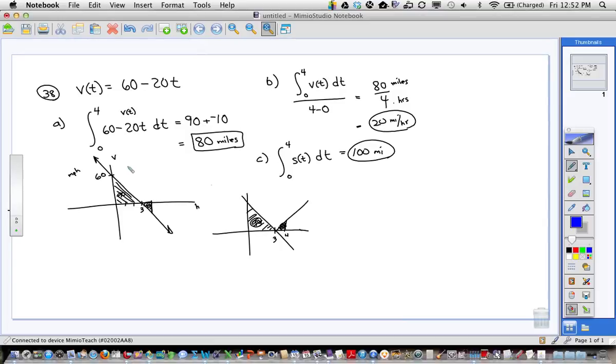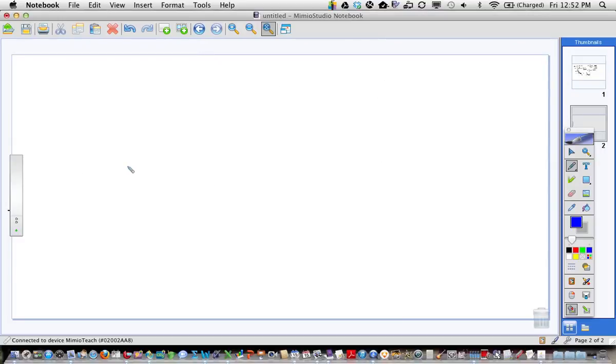Okay, which would be a more useful number as far as how fast you're actually traveling. Average velocity is not that useful a number for how fast you're actually traveling because it takes into account the direction. Okay, so anyway, there's a lot right in that problem. A lot that you will see on the AP test when it comes to integrals and velocity and acceleration.